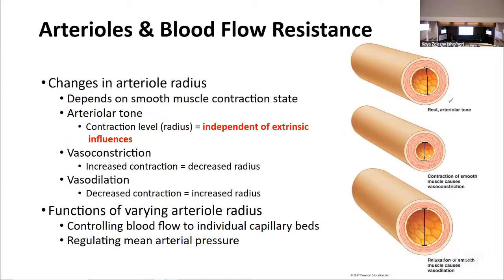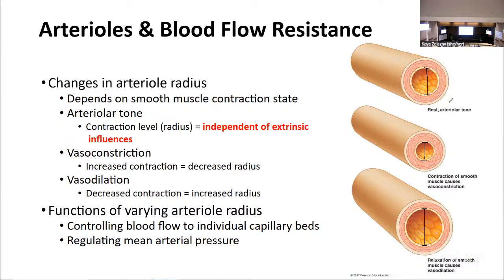We don't require hormones to set our arteriolar tone. It's just a property of the smooth muscle itself. Okay. But we can constrict down, decreasing the radius, vasoconstriction, and we can blow those arterioles wide, increase their radius, vasodilate.